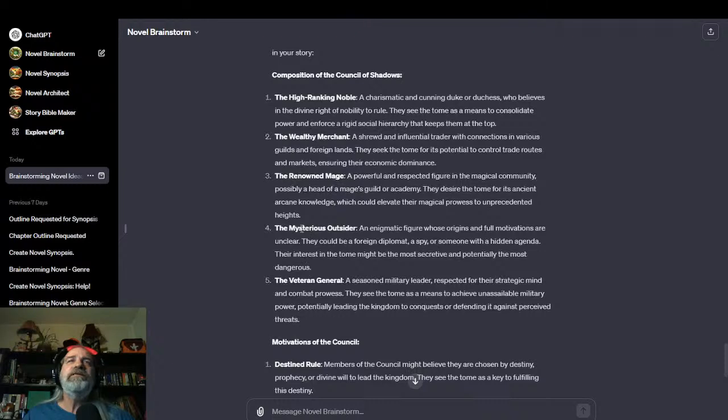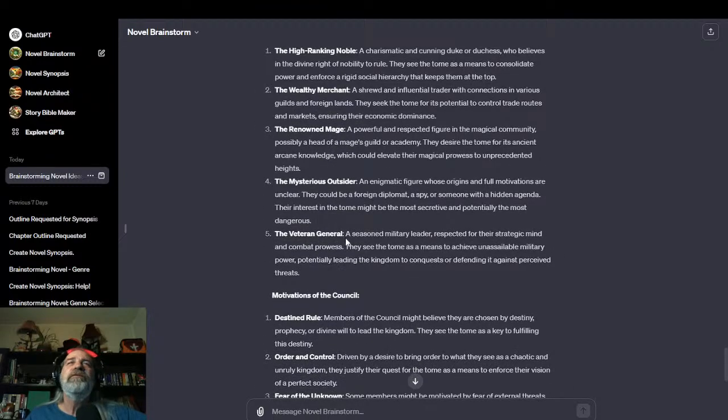The mysterious outsider, an enigmatic figure whose origins and full motivations are unclear. They could be a foreign diplomat, a spy, or someone with a hidden agenda. Their interest in the tome might be the most secretive and potentially the most dangerous.